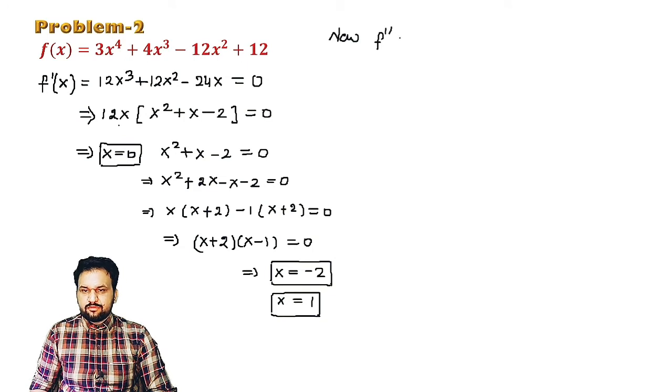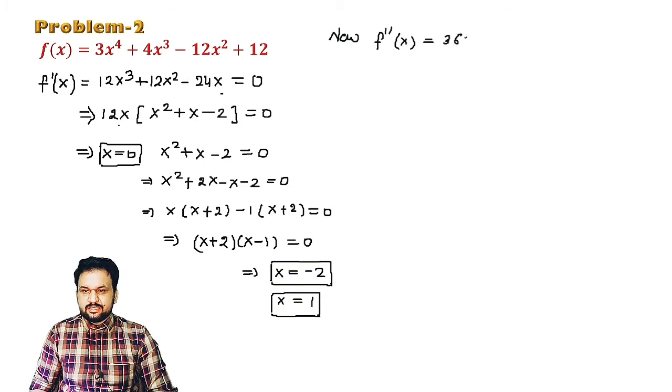Now I'm going to find the second order derivative, f double dash x. You will not start solving from these calculations, because here we just substituted equal to 0 so you got the values of x. The first order derivative was this, so from this equation you will solve the second order derivative.